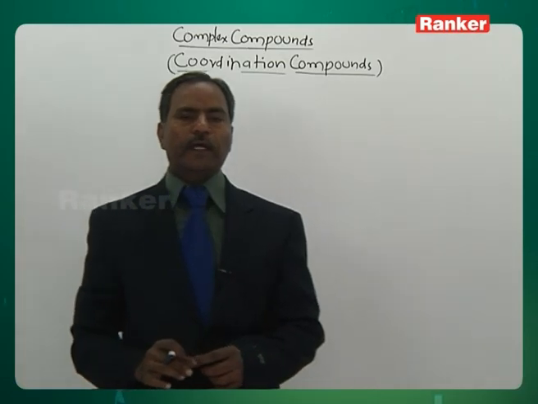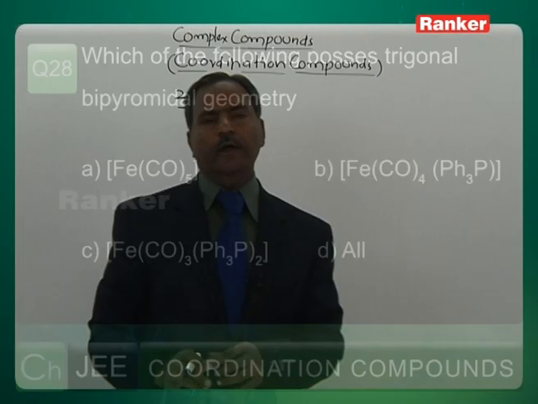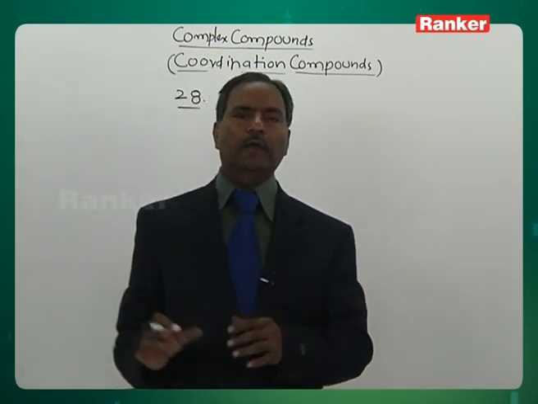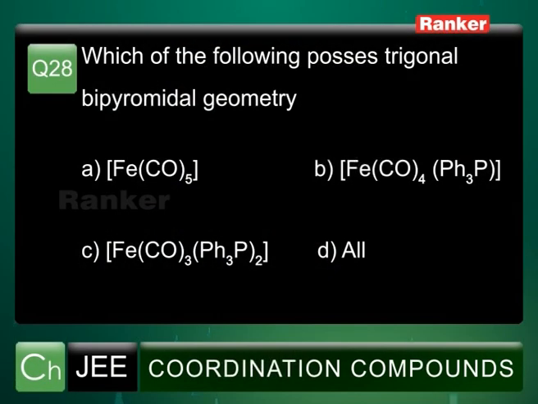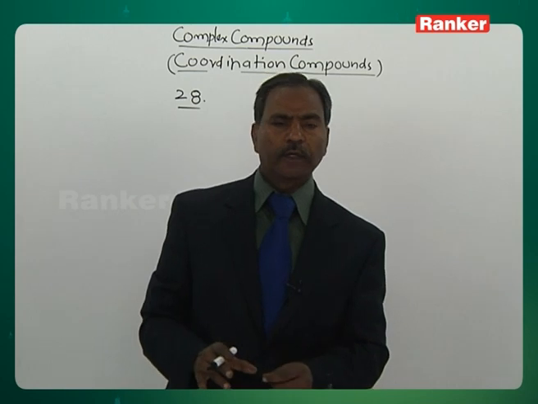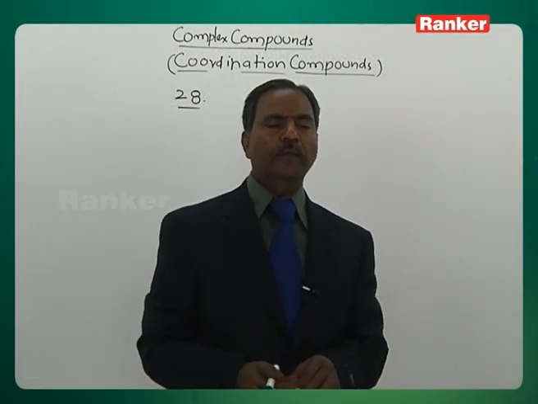Right, question number 28. Which of the following possess trigonal bipyramid geometry? Generally wherever coordinate number 5 comes, you can think of it as trigonal bipyramid. Option A, Fe(CO) taken 5 times, coordinate number 5. Yes, it is dsp3, then it will be trigonal bipyramid. Coming to Fe(CO) taken 4 times with triphenyl phosphine, coordinate number 5 again, that is also trigonal bipyramid.